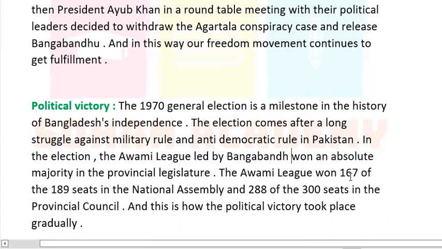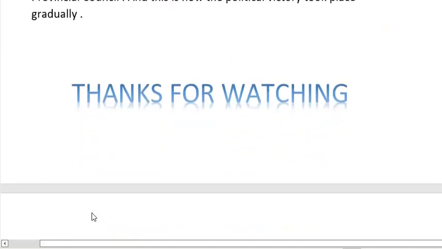The Awami League won 167 of the 189 seats in the National Assembly and 288 of the 300 seats in the Provincial Council. And this is how the political victory took place gradually.